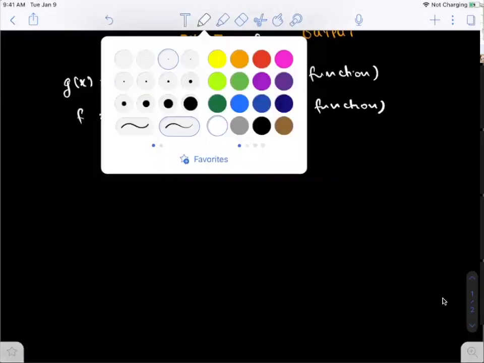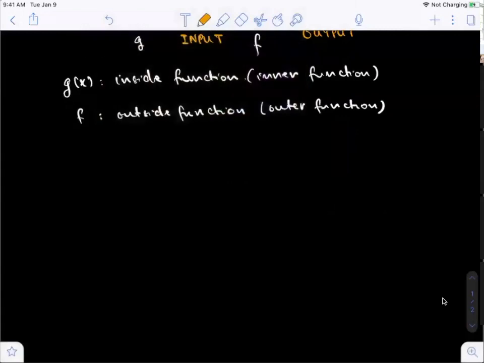All right. So that's the composite function for you. The next thing that we want to do is find the derivative of this function, and therefore you need to know the chain rule.